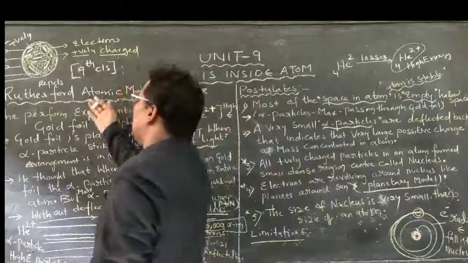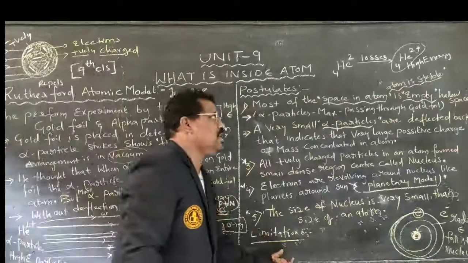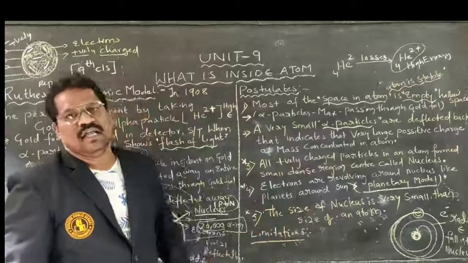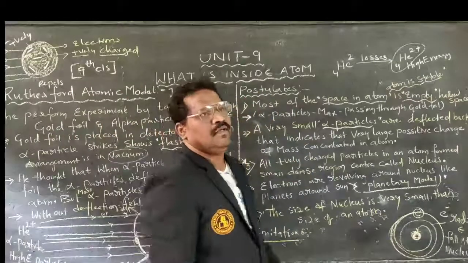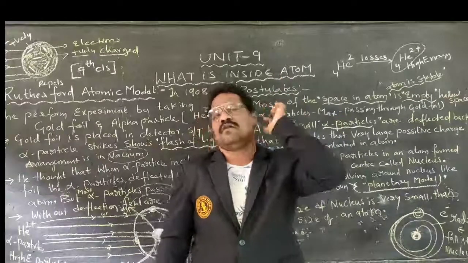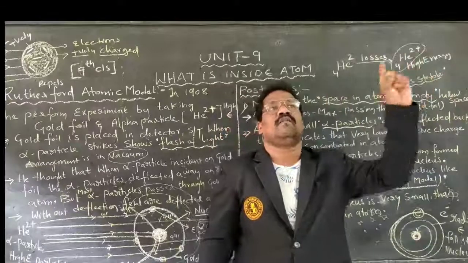This Rutherford atomic model also has certain limitations. What is that limitation? If I take the hydrogen atom, the atomic number is 1 and the mass number is also 1. It consists of one proton and one electron.